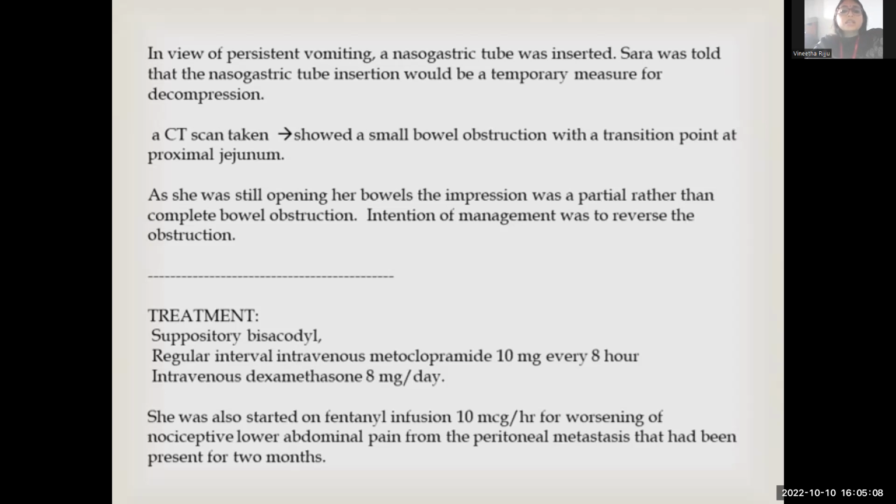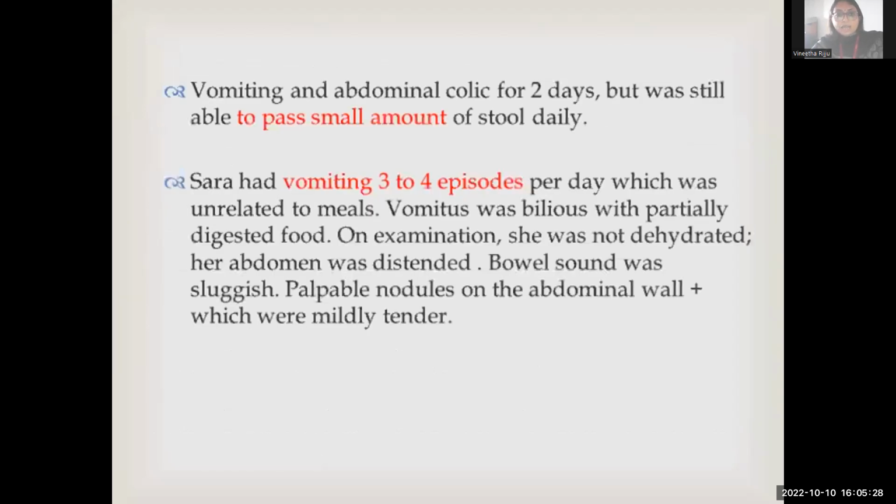So what do you think? Is this treatment fine, or did you find any issues with the prescription? Is it fine? Are you ready to go ahead with that? What did the patient have?